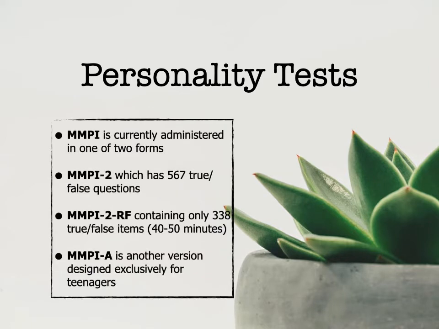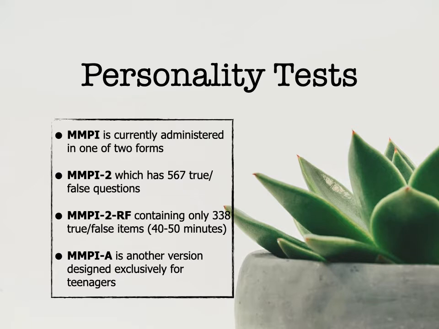The MMPI is currently administered in one of two forms. The first is the MMPI-2, which has 567 true or false questions. But we also have the MMPI-2-RF, the briefer, more concise form of the MMPI-2.